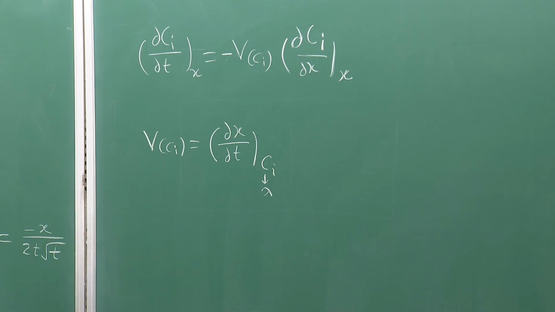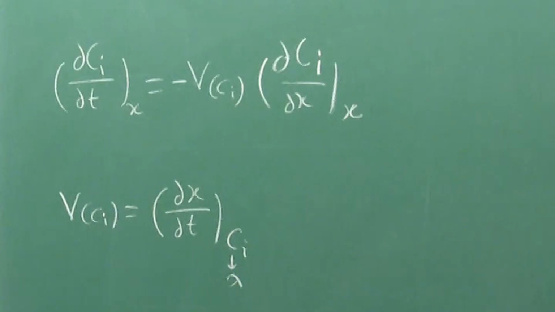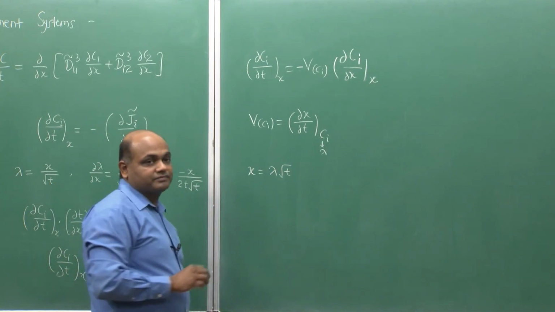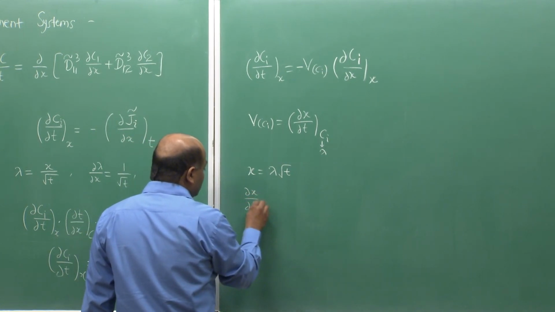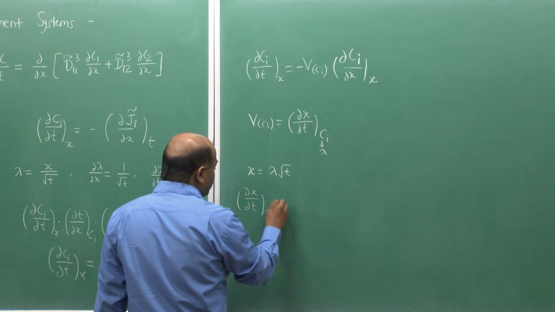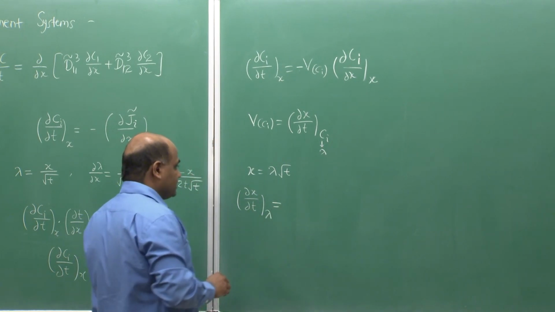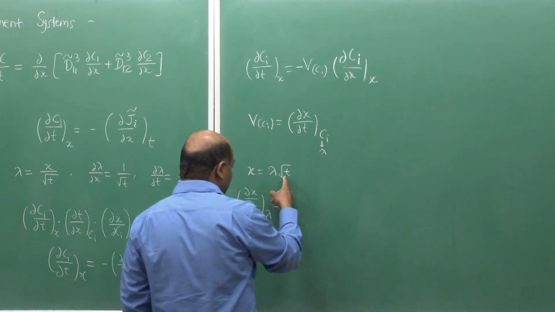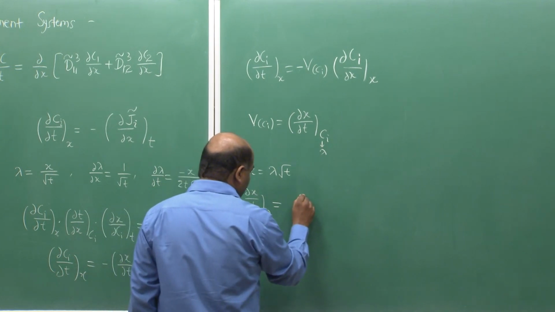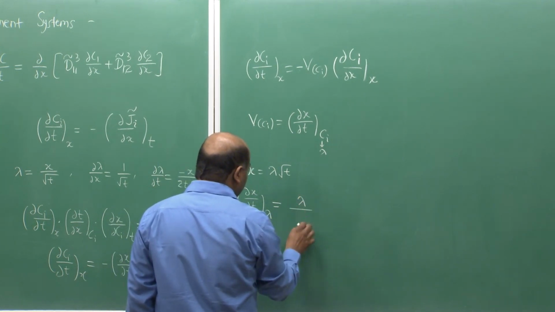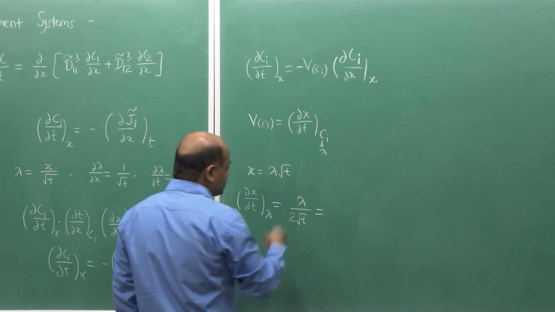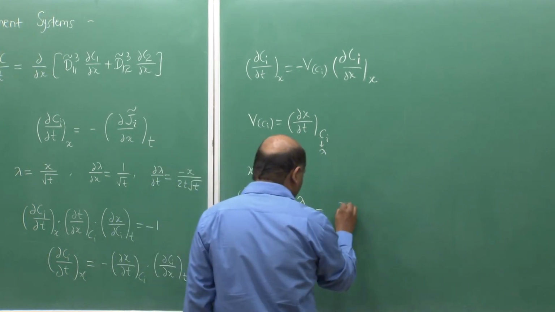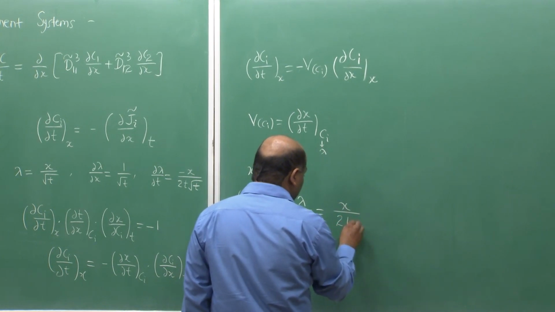And now, lambda is equal to x over root t. So, we can write x as lambda root t, and so dou x by dou t at given lambda, since lambda is constant, we just need to differentiate root t, and that should be equal to lambda over 2 root t, and if we substitute again for lambda, this is nothing but x over 2t.